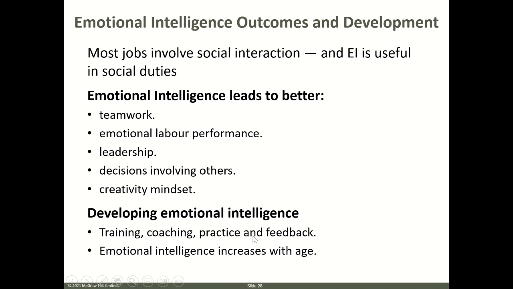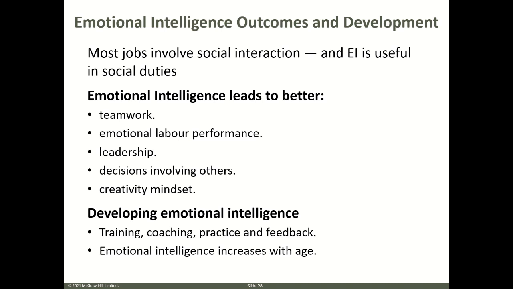If we talk about what the EI outcome is, what the result is, most jobs involve social interactions, and EI is useful in those social duties. Emotional intelligence leads to better teamwork, emotional labor performance, leadership, decisions involving others, and creativity mindset.